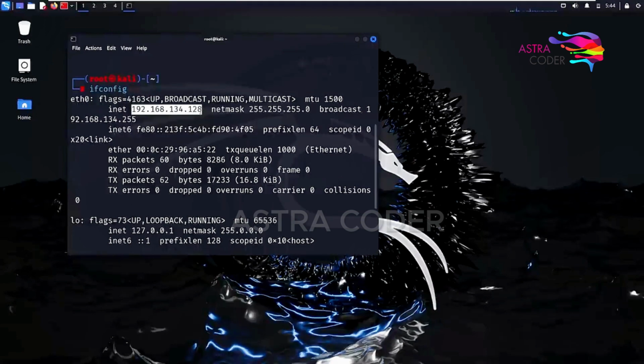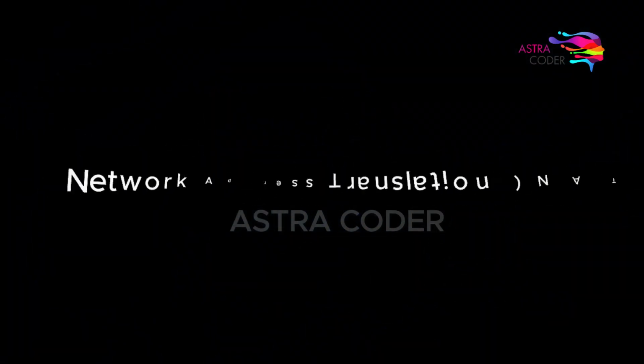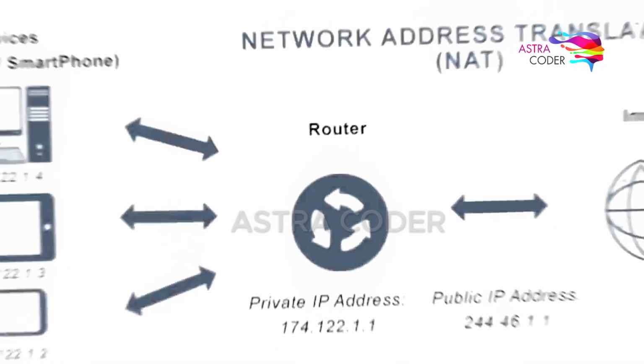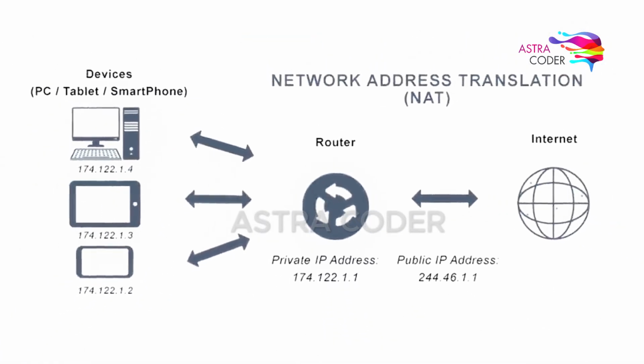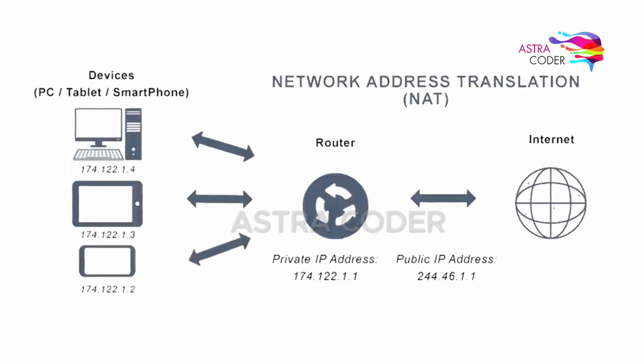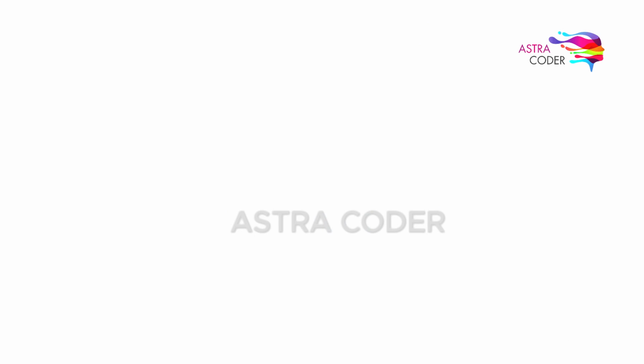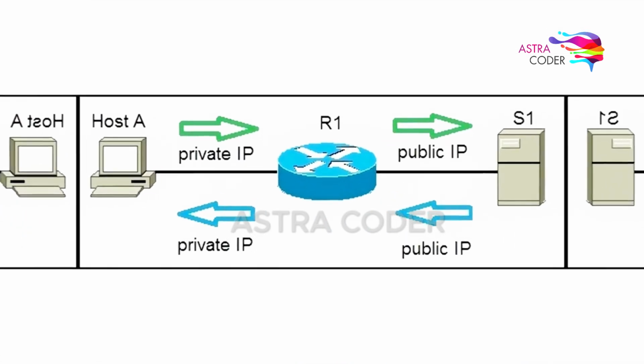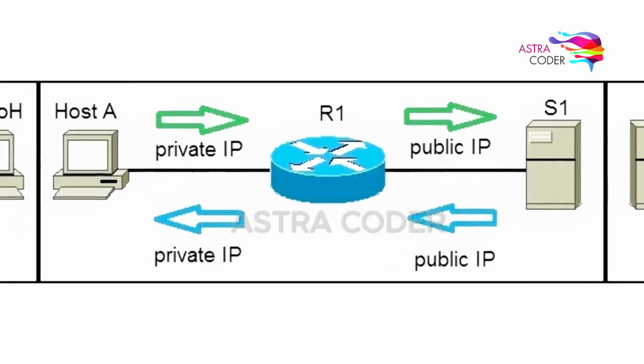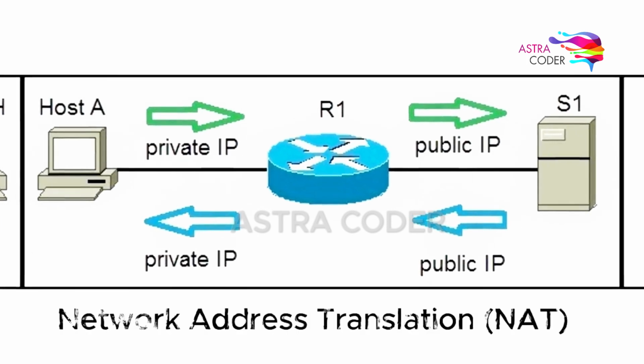For internet communication, your private IP address needs to be translated into a public IP address by a network address translation or NAT device. This translation process allows devices within your local network to access the internet using a shared public IP address. This is necessary because private IP addresses within a local area network cannot be directly used on the internet since they are not unique.